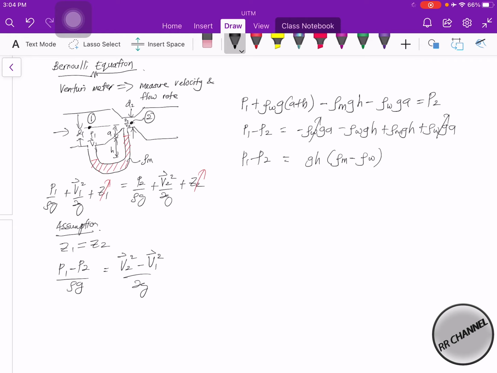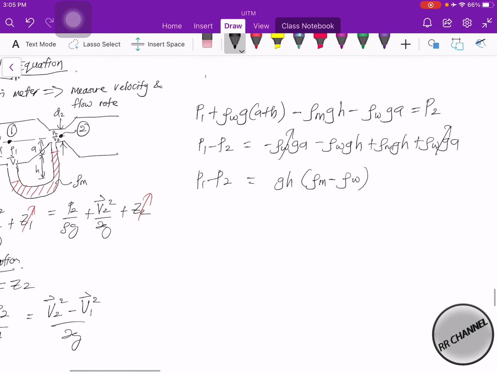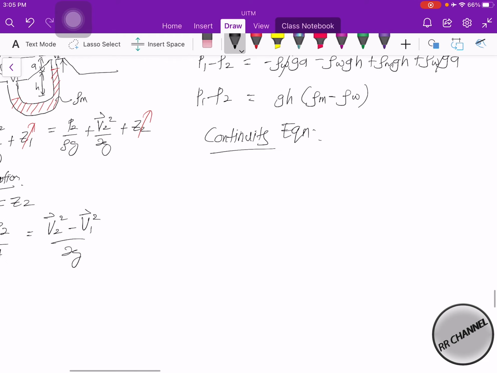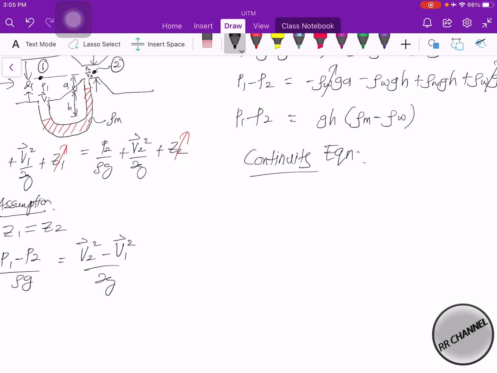But before that, we also need to apply the continuity equation from point 1 to point 2 to reduce the other unknowns.